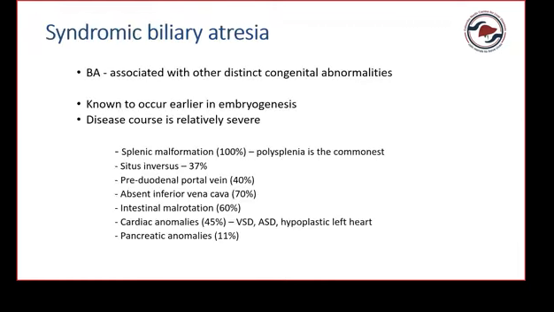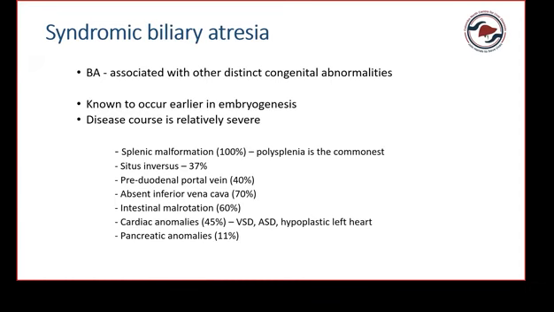Here I would like to introduce this term to you, syndromic biliary atresia. There are two main types of biliary atresia, syndromic biliary atresia or isolated biliary atresia. When biliary atresia is associated with other distinct congenital abnormalities, it is called syndromic biliary atresia. This type is known to occur earlier in embryogenesis, and the disease course is relatively severe.